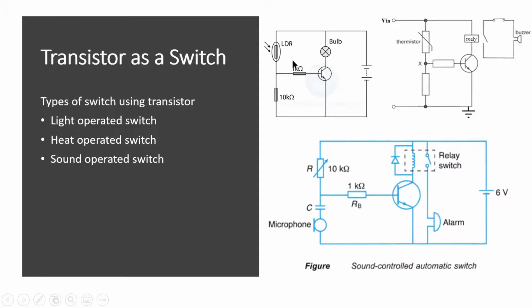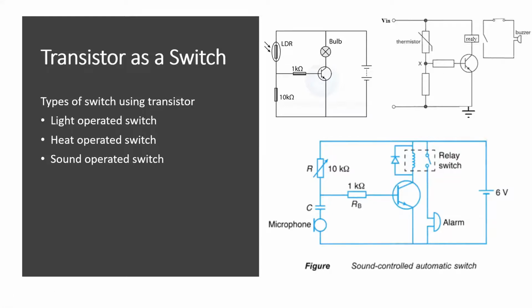So here you can see in this figure a common emitter configuration. See, emitter is common to both base and collector. Here this is LDR, meaning light dependent resistance. When light falls on this resistance, the resistance is low. It will allow current to flow through.